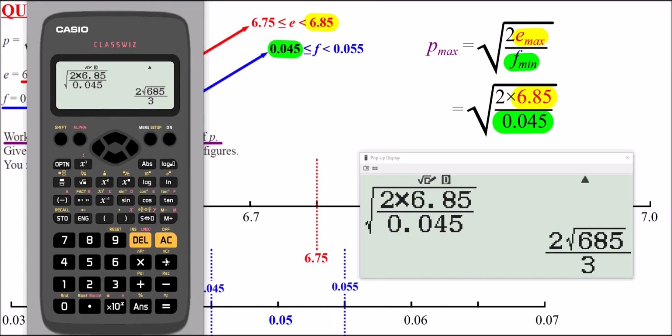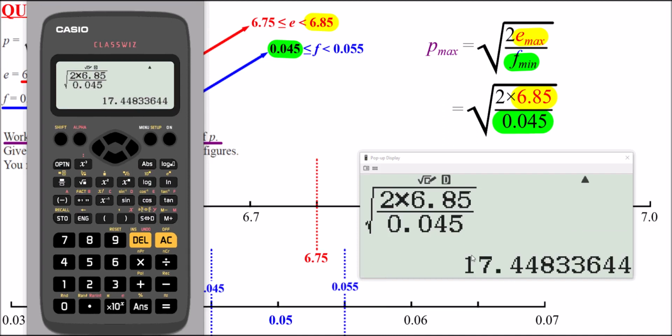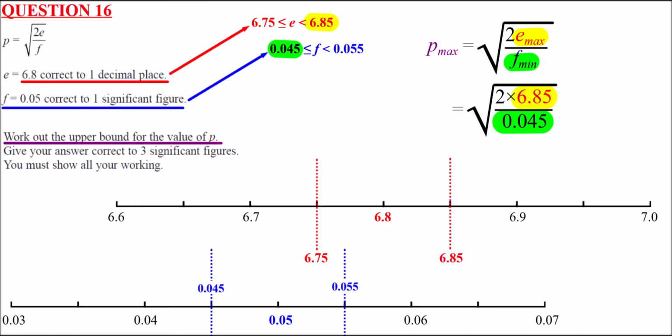So if we press the S-D button, we get 17.44 and other numbers. So to 3 significant figures, 1, 7 and 4. Does that 4 round up? No, because it's next to a 4, which is lower than 5. So our answer is simply 17.4, and that's all we need to do for this one. So equals 17.4, and I'm going to underline in red because that's become my new habit.